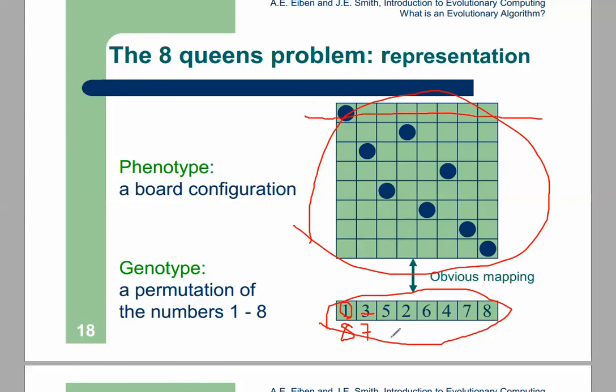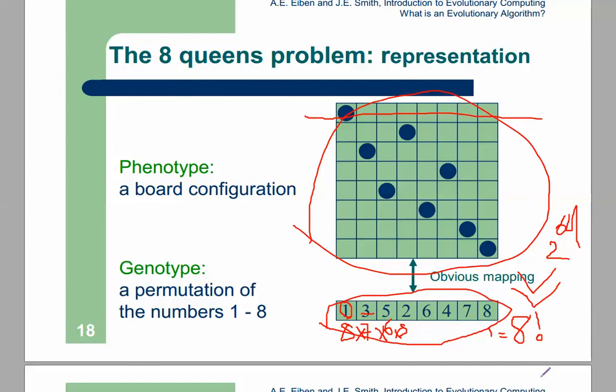For the third you have 6 rows, and all of this can be multiplied, and it is 8 factorial. 8 factorial is much lower than 2 to the power of 64.